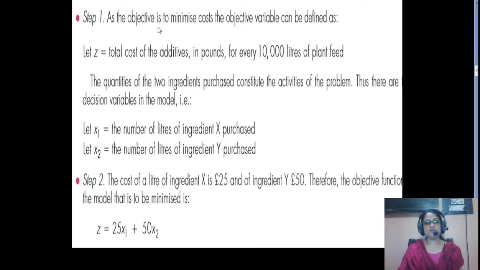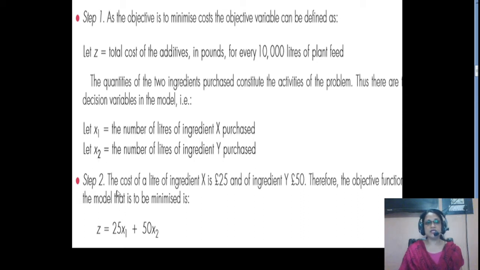Step 1: as the objective is to minimize cost, where the total cost of additives in pounds for every 10,000 liters of plant feed, X1 should be the number of liters of ingredient X purchased, and X2 will be the number of liters of ingredient Y purchased. So what is the activity here? The activity here is the purchase of ingredient X and ingredient Y, so we have given them the names X1 and X2.